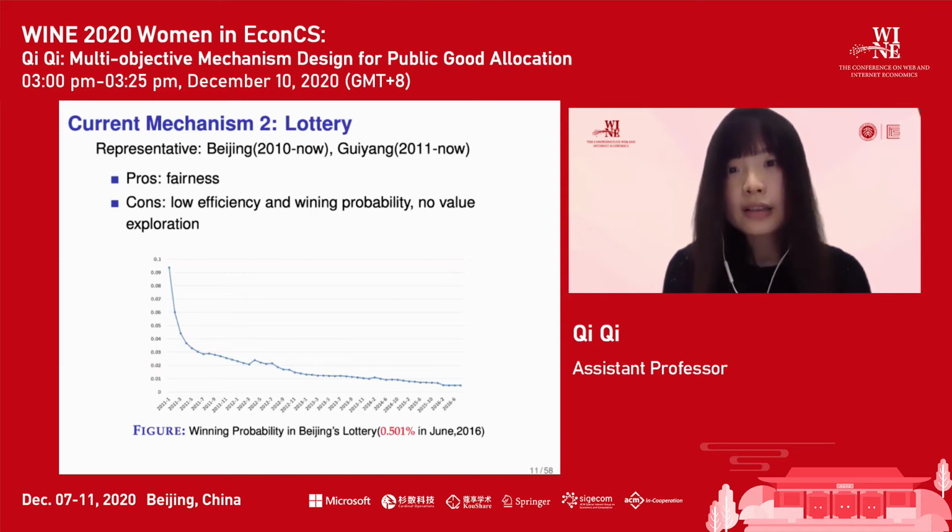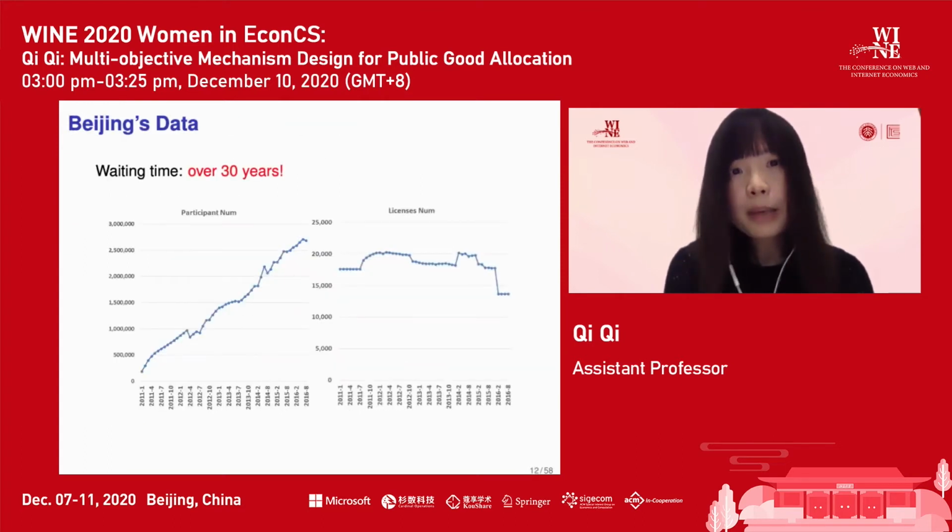Therefore, more and more people who don't urgently need a car plate participate in the lottery also. Another problem is that there is no value exploration, because everyone has the same probability. We don't know the true value of the different participants. That causes the waiting time to be too long. For someone who really needs a car, they have to wait around 30 years in Beijing.